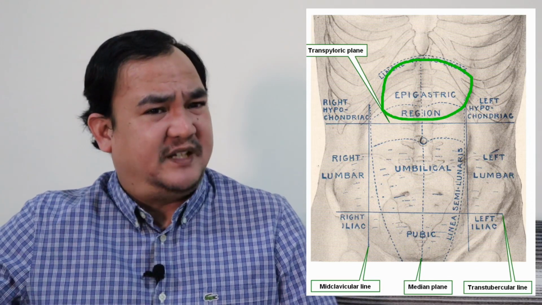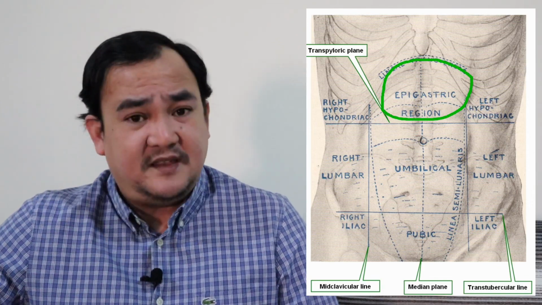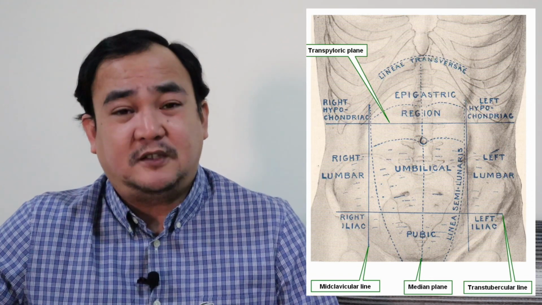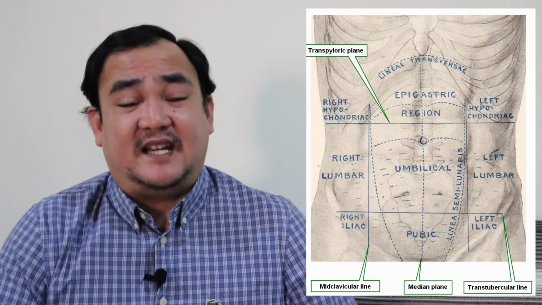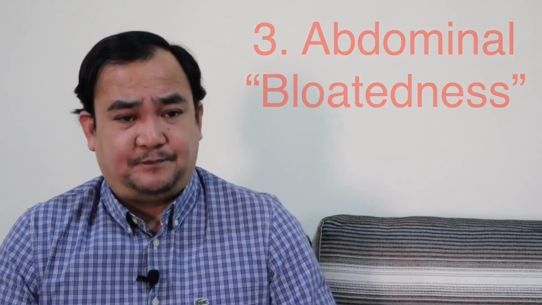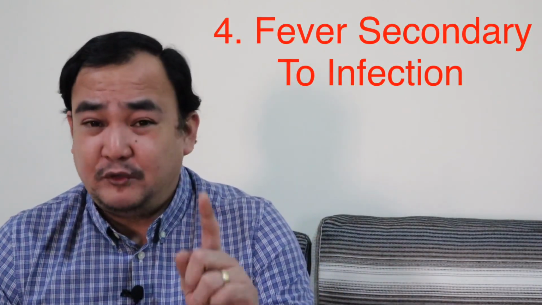You can actually feel something here, a palpable mass in this area, because that is the xiphoid process. It's a part of the manubrium. Where it meets is the epigastric area. The third one is abdominal bloatedness. Fourth, fever if you have an infection. Remember the other type of stone that is because of an infection.